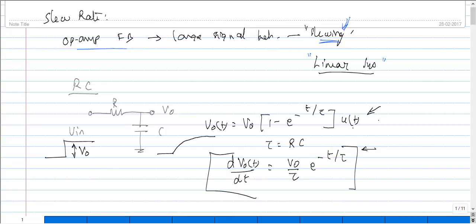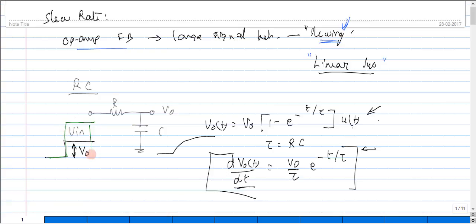There is something that we have to note about this expression. Clearly the rate at which this output voltage rises is proportional to V0. So say, for example, if the magnitude of the input V0 has now doubled, what happens to the output?